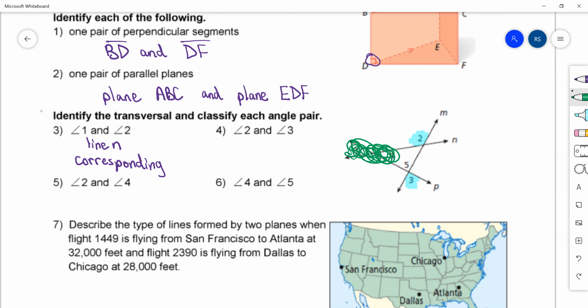Line M. And then what kind of relationship do angles 2 and 3 have? They're on opposite sides, so we don't say opposite, we say alternate. Are they on the inside or the outside? The outside. So we're going to say alternate exterior.